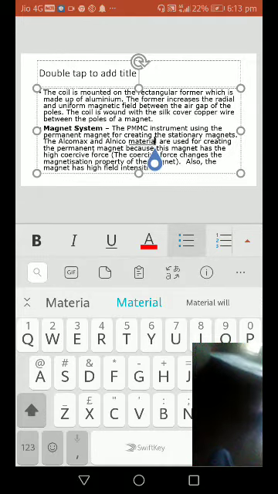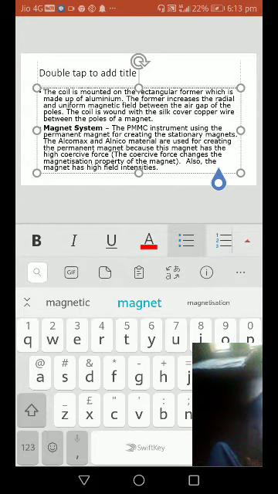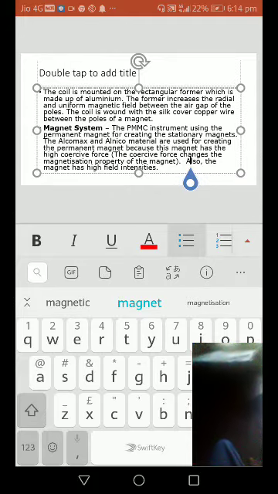Basically, magnets are manufactured with Alcomax and Alnico materials, which are used for creating a permanent magnet.